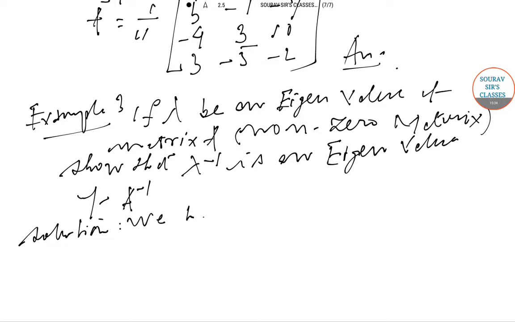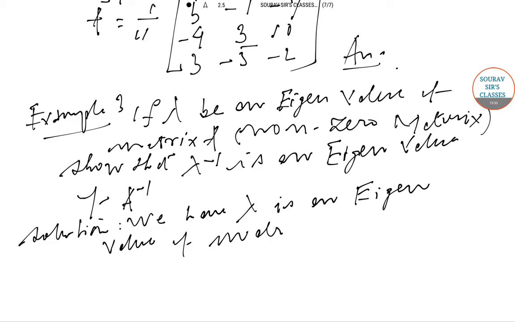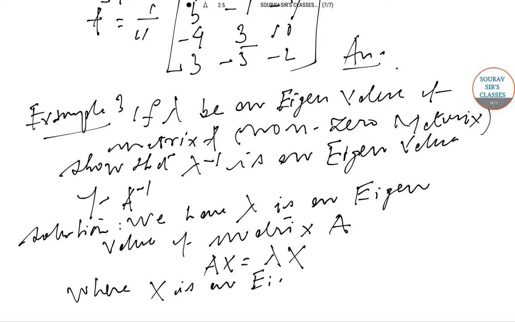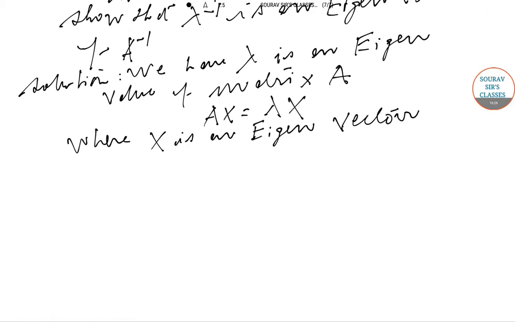We have lambda is an eigenvalue of matrix A. So A into X is equal to lambda X, okay, where X is an eigenvector.